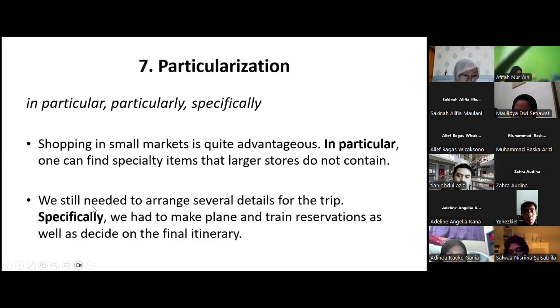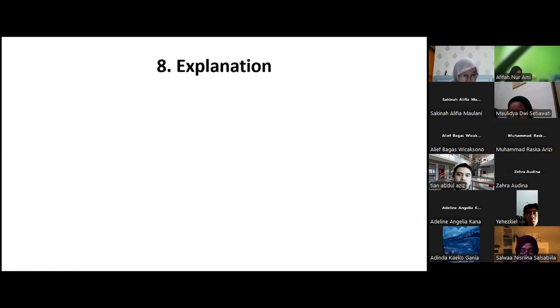It's a general thing, and we try to explain more detail by using specifically. We had to make plane and train reservations as well as decide on the final itinerary. So we use in particular and specifically to give a more detailed explanation about the situation in the first sentence.